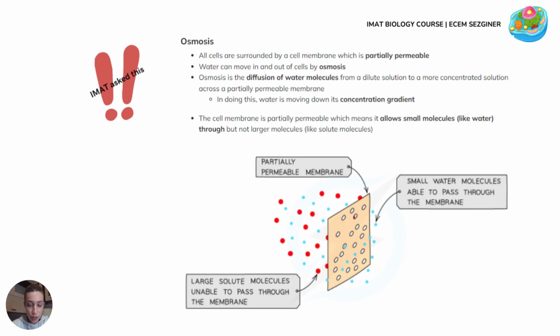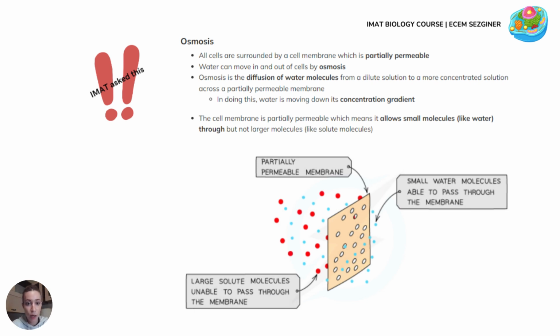Now, another type of passive transport, osmosis. As we already know by now, all cells in our body are surrounded by a cell membrane, and cell membranes are partially permeable. Water is the cool guy. It has its own VIP card through these partially permeable or semi-permeable cell membranes.